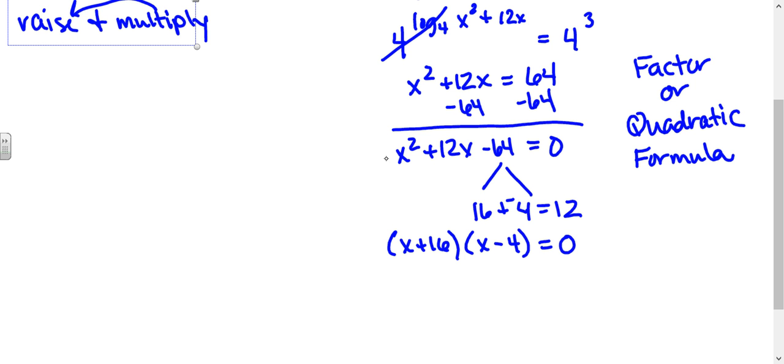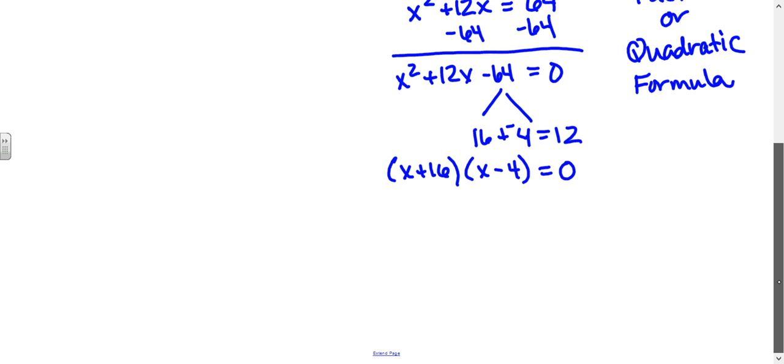So all I did was change x squared plus 12x minus 64 to something that is equivalent to that. I'm just rewriting it, okay? So I factored it, because if I multiply this out, it will equal x squared plus 12x minus 64. So I'm just rewriting it a different way. So now if I'm multiplying two numbers together and the answer is 0, the only way for that to be possible is if one of the numbers that I'm multiplying by is 0.